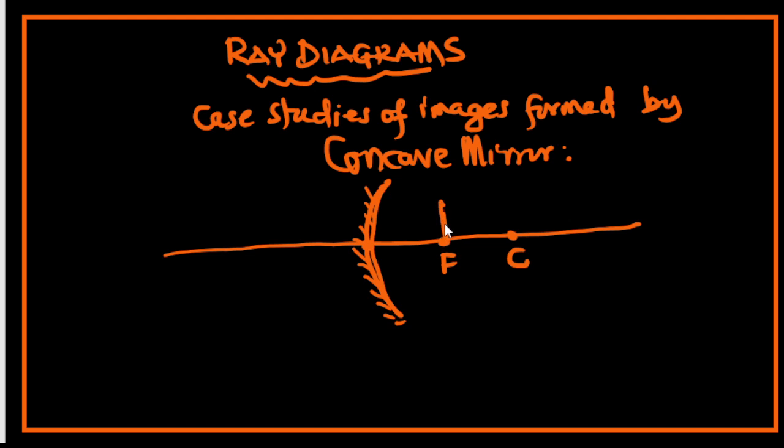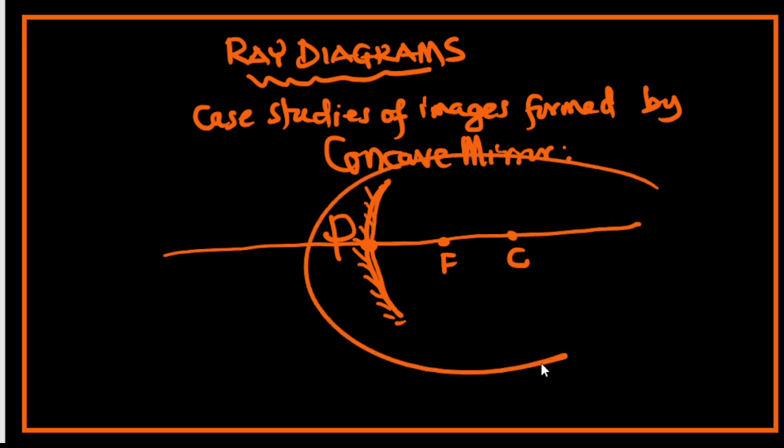The object can happen to be on the principal focus itself. And this point here is called the pole. The object can exist between the pole and the principal focus. And the last case scenario is that the object may not even be in the vicinity of the mirror. It may be far away from the mirror, which means the object is at infinity. So that gives us about 6 case studies of the ray diagrams for concave mirrors.